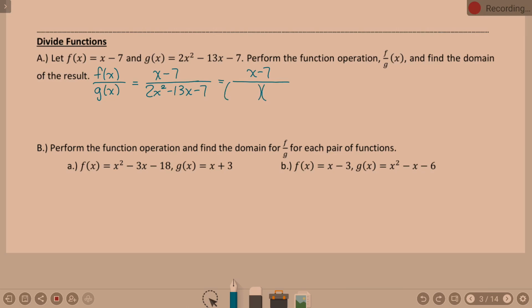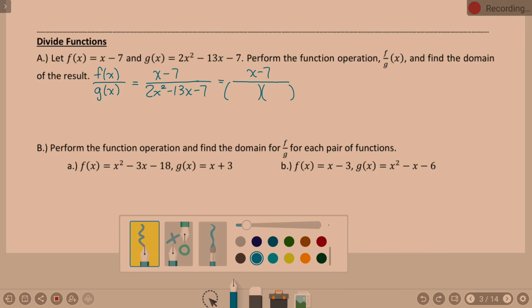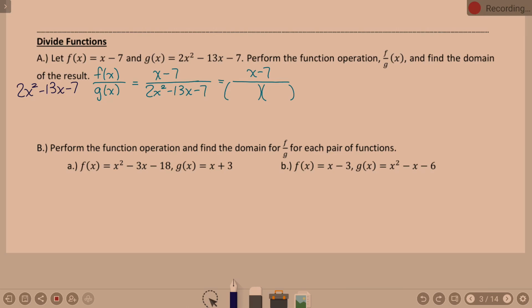Now, what's the catch though? It's 2x squared instead of x squared. Well, you can't just put 2 out front because it's not a GCF. So slip and slide is what I would say.